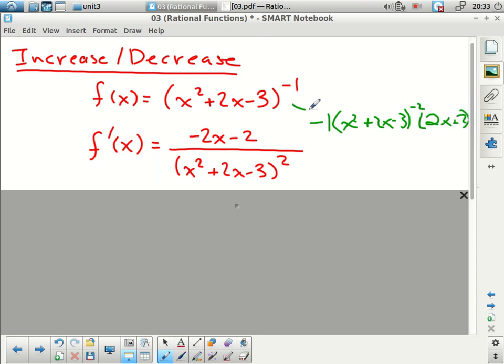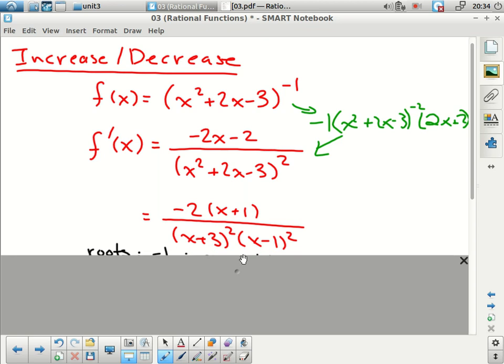That's using the chain rule to start my derivative. When I bring that back together, the -2 will push my quadratic back into the denominator, and -1 times 2x plus 2 is -2x minus 2.